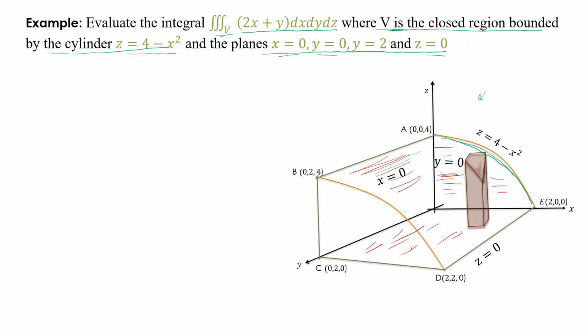When we say y = 2, somewhere there is that line y = 2. So the region V is in the first quadrant, and in that region we have to evaluate that particular integral.